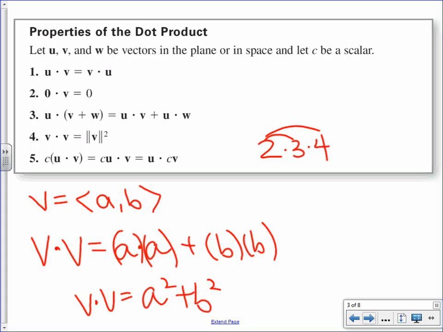No. We take 2 times 3 and multiply it to 4, or we take 3 times 4 and multiply it to 2. Same kind of thing here. If you have a scalar multiplied to a dot product, these are all seen as multiplication. So you can either multiply the scalar to u and then take the dot product, or take the scalar to v and then take the dot product.